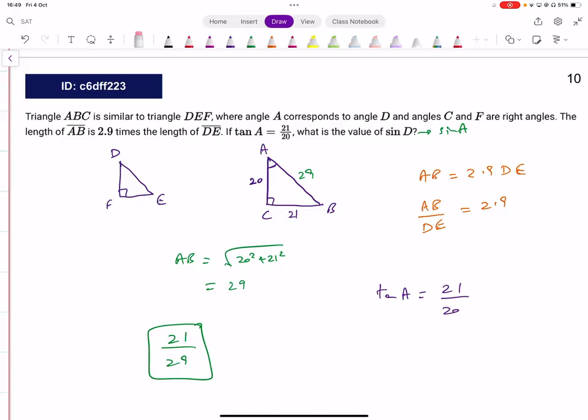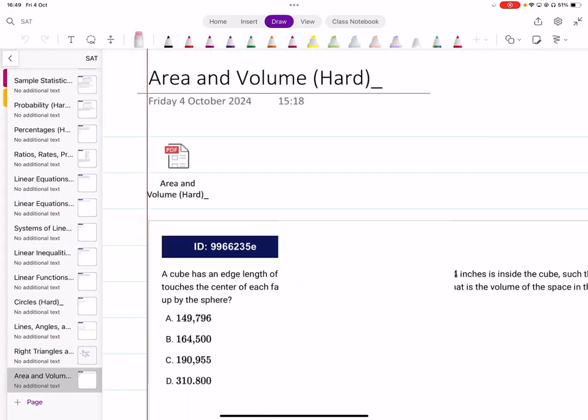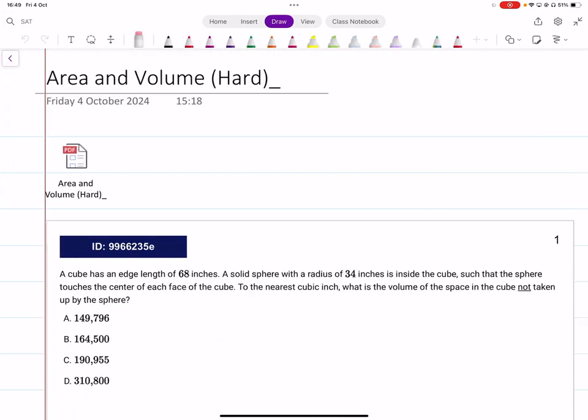Okay, now the last PDF that we have is area and volume.